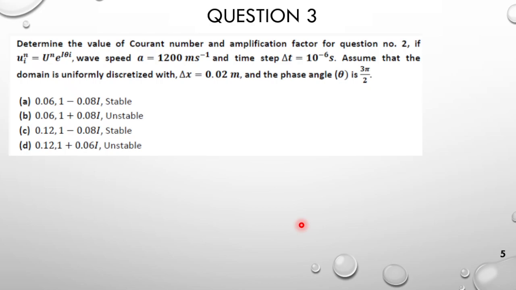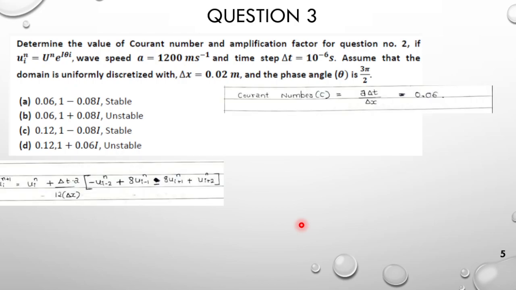Okay, so that is one thing. The second thing is we have to calculate the amplification factor. The amplification factor is given by the ratio of the variable at n+1 and n. So you have to determine the indicial form first, which we have already done in question number 2. So I have written it here.